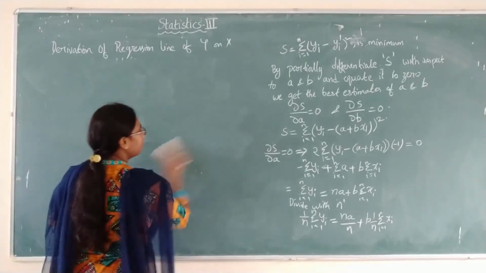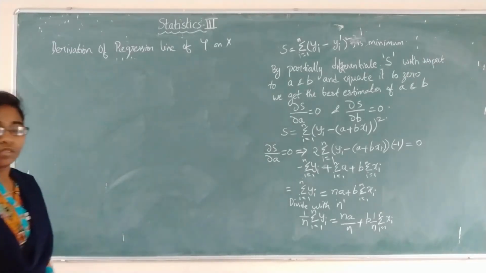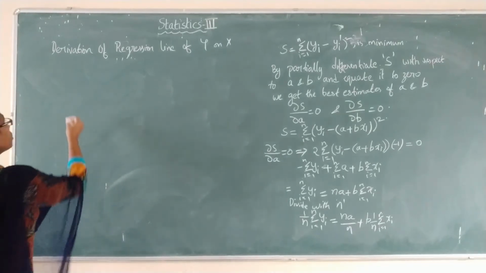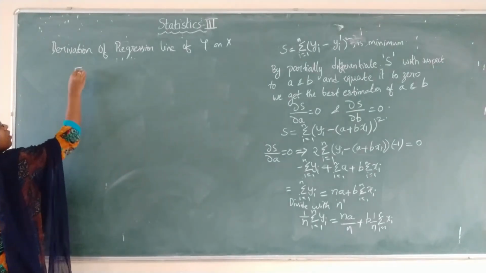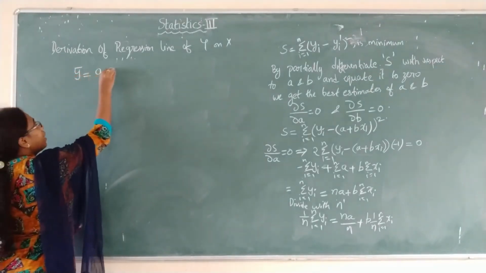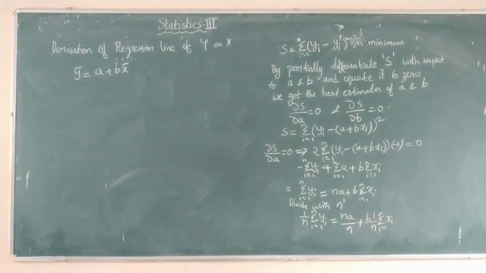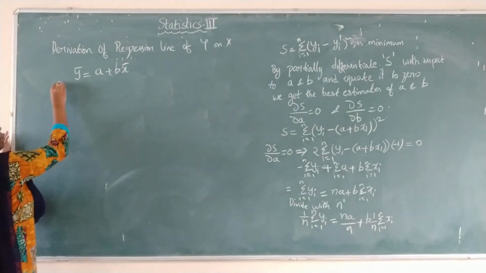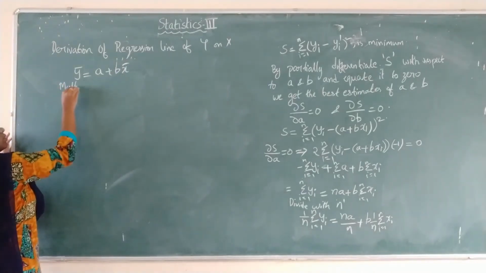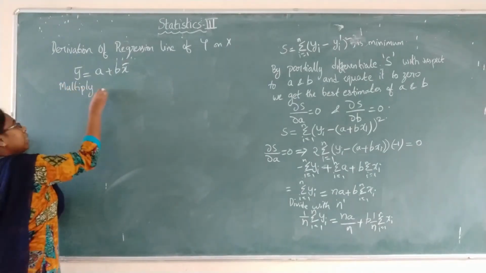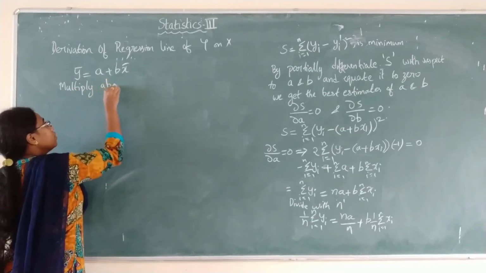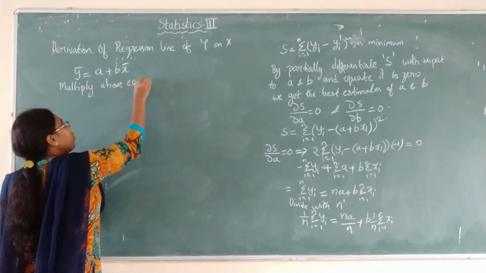Continuation of that one. Since those are mean formulas, you get y bar equals a plus b into x bar. Now what I do is multiply this above equation with x bar.